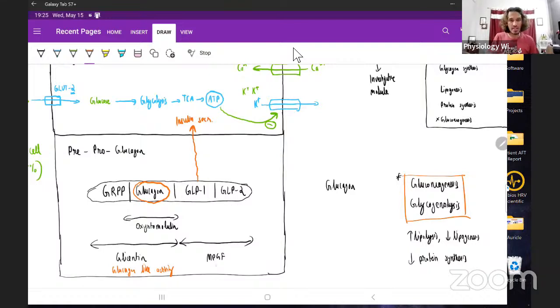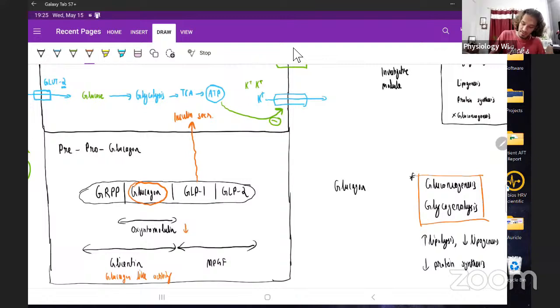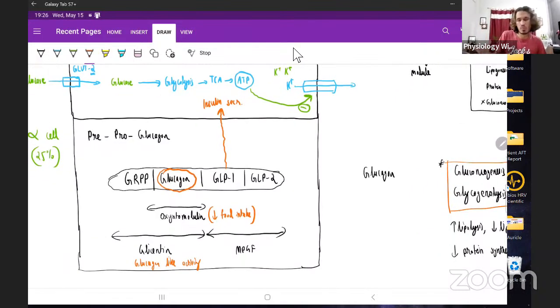So does MPGF, the same thing. Oxyntomodulin decreases the food intake. It acts on the brain and directly decreases the food intake. And GRPP is one thing that increases gastric acid secretion.